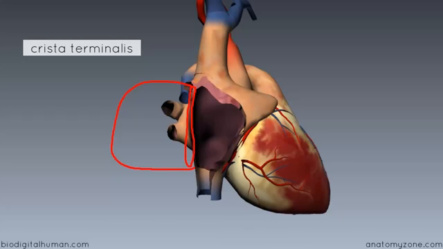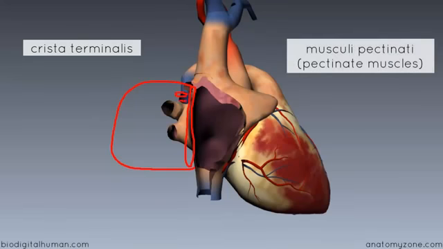On the muscular anterior ridged part, you've got these little muscular ridges called musculi pectinati, or pectinate muscles. I've just drawn them on here. These pectinate muscles extend into this right atrial appendage, or the right auricle.